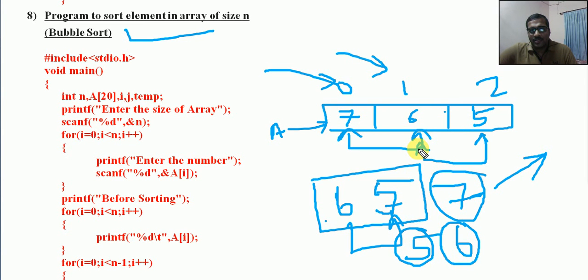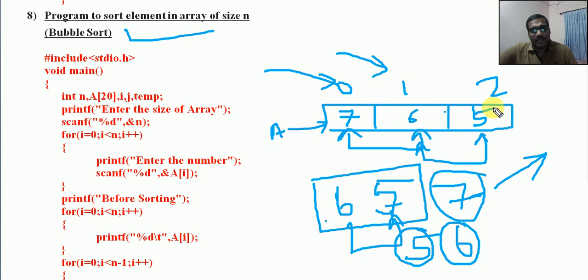Okay, now next iteration we need to do the same procedure till the second last element. We don't need to go till the last element. Till the second last element we need to repeat the same step again. First and second, do swap according to the condition.